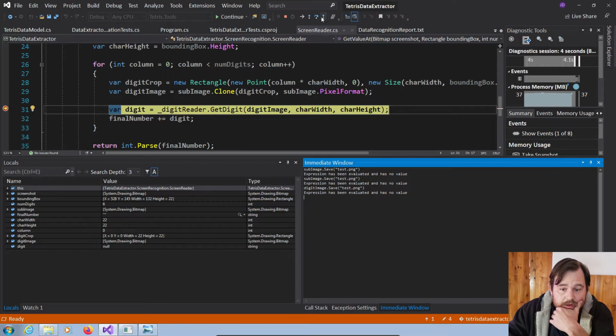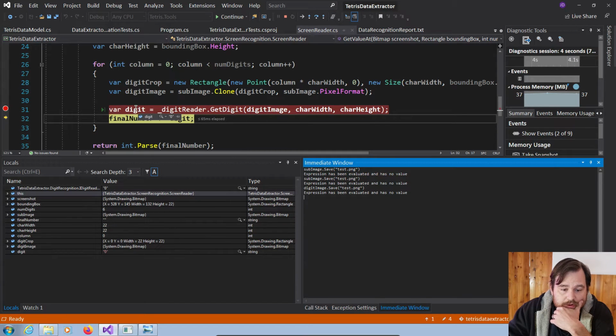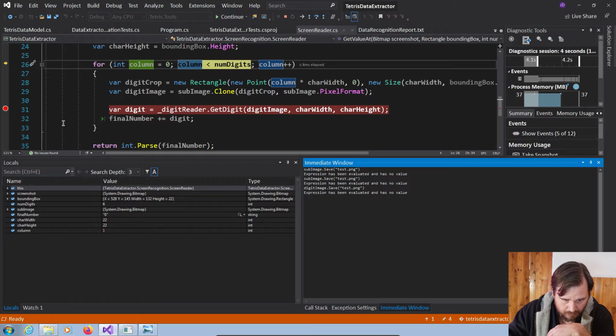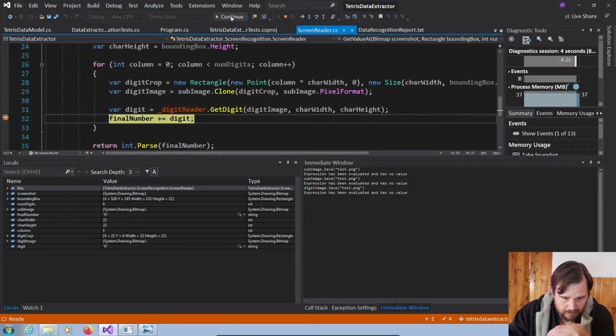So that's being figured out to be 0, which is okay. Let's put a breakpoint here and see how this digit is 0. That's right. The 4th digit is read as a 0. That's right. The 5th one is read as a 1, though.